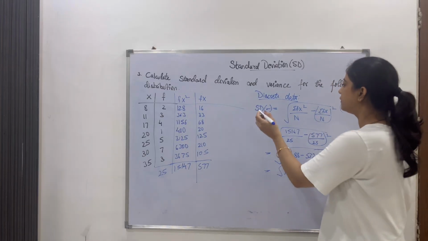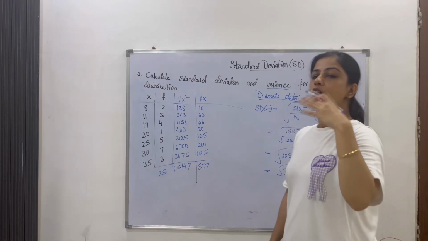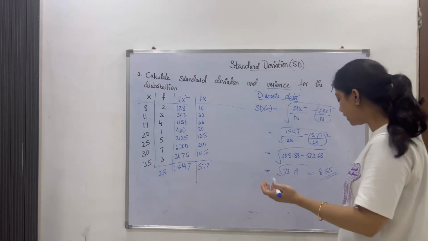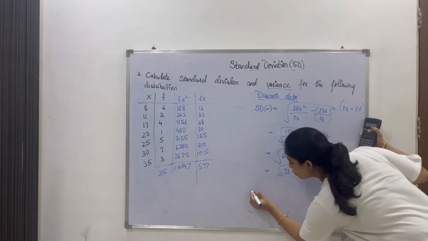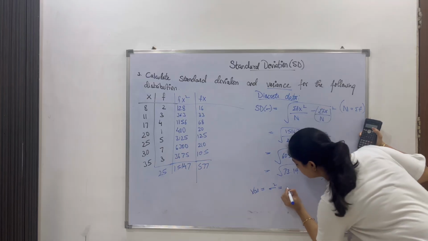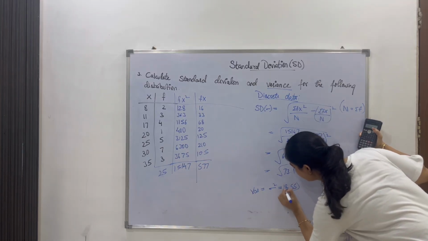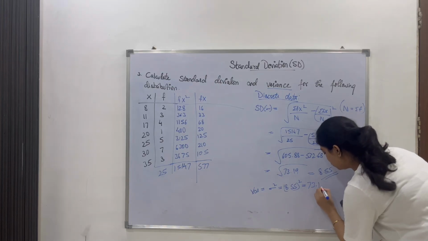Now along with standard deviation, they have asked us to find the variance. Now variance is nothing but square of standard deviation. So whatever answer we have got here, we just need to square this. Okay. So variance is equal to sigma square. So 8.55 square. So the answer for this is again 73.19.